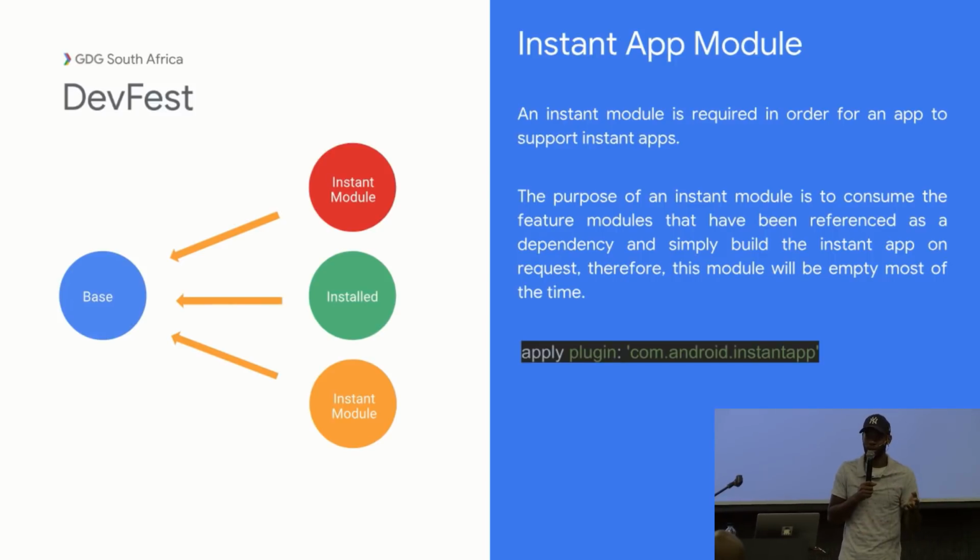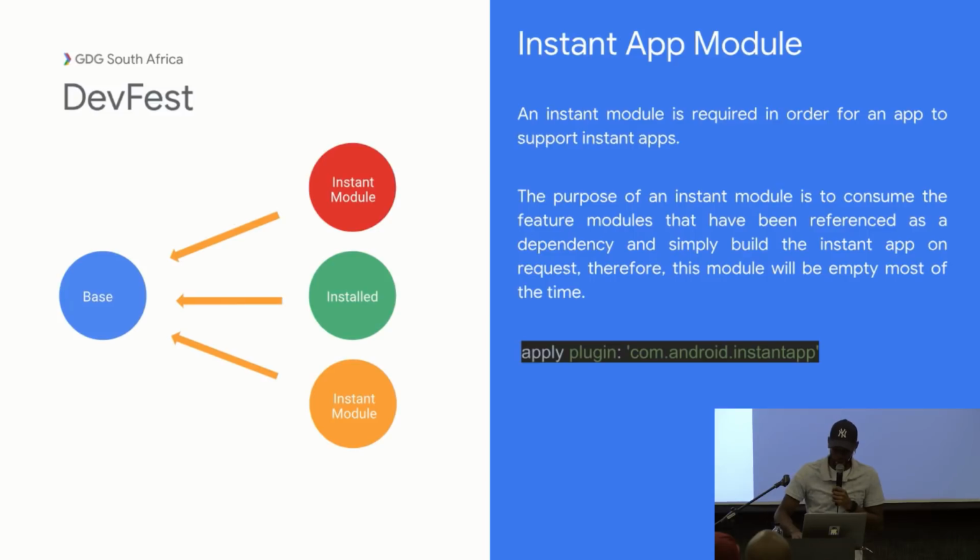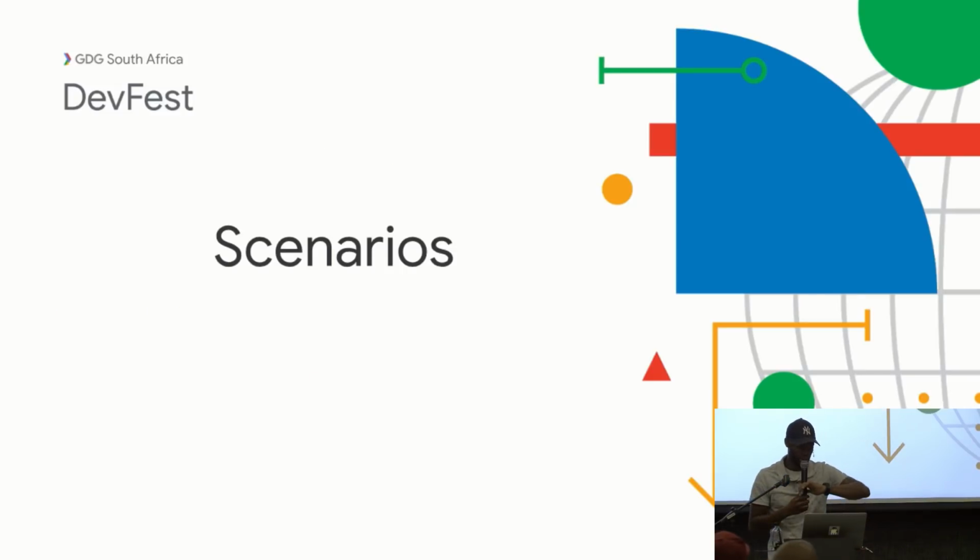You can pull that out into its own module and use it along. Say you have a feature you want to make instant. You can use that login module along with that feature to access the application and view whatever feature you're viewing. So let's look at the scenarios in which you can implement these types of modules.